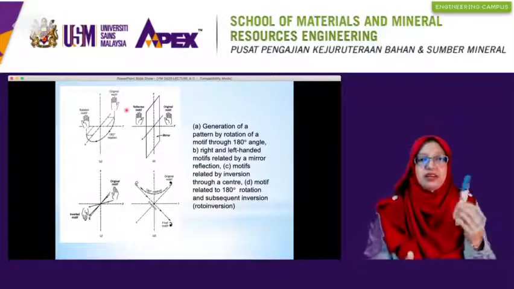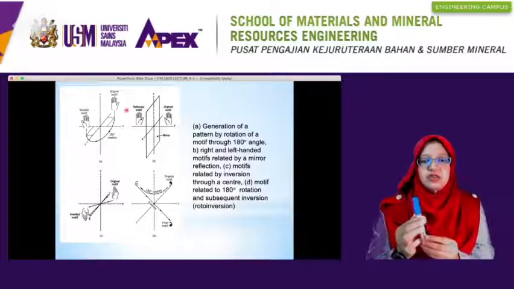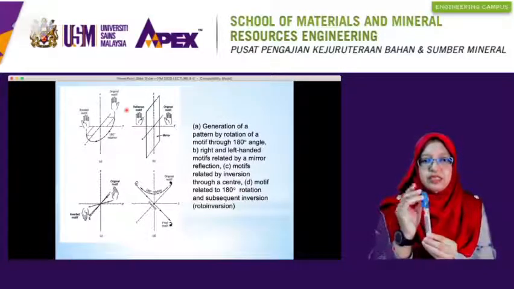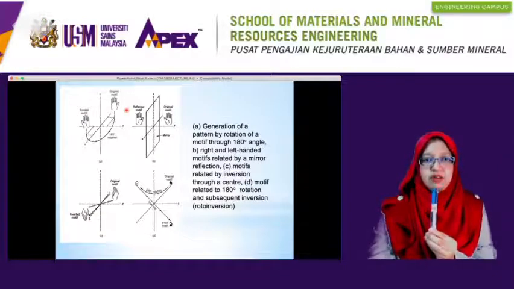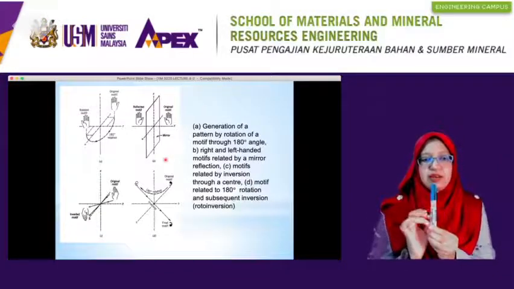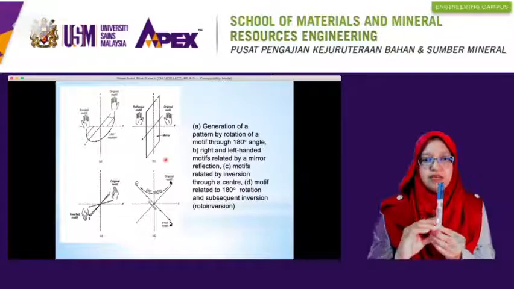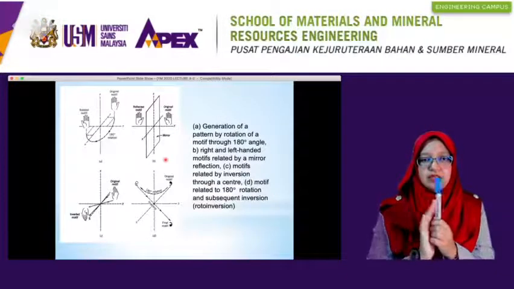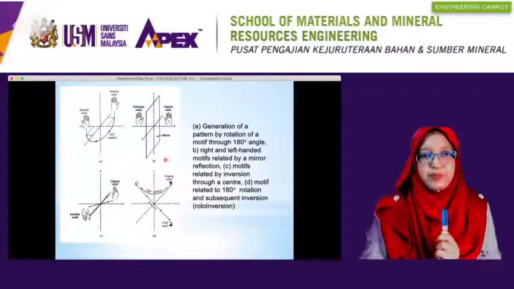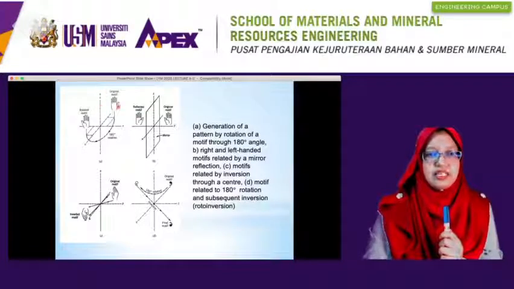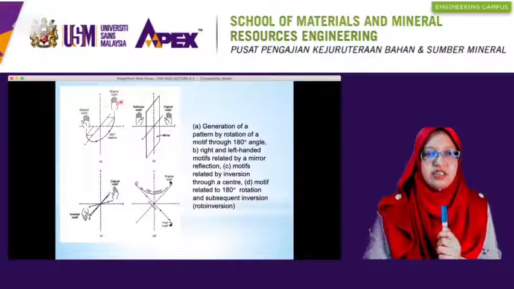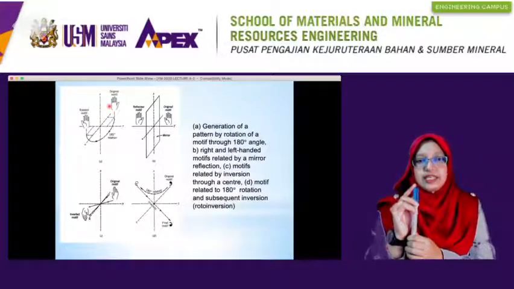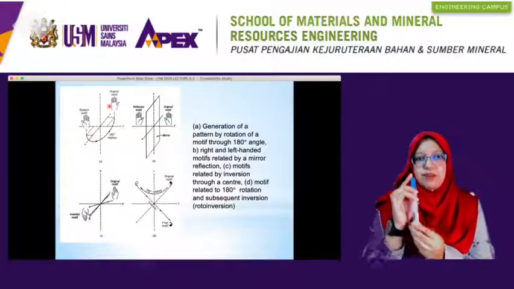You might be wondering why I'm holding this marker pen. So imagine this is my motif and the blue cap is the top or the head, and the white part can be the tail. So we have head and tail. This is my motif. So let's look at figure A. This is the original motif and it is given that the rotation angle is 180 degrees.